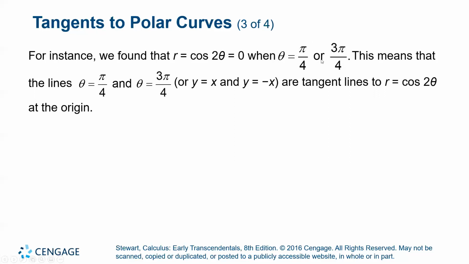You just have to remember that even though theta equals pi over 4 makes you think specifically of an angle, it technically is a line in the polar coordinate system, because theta equals pi over 4 is an infinite number of points anywhere on the entire polar coordinate system where the angle is pi over 4. The same thing is true of 3 pi over 4. So pi over 4 would give you a line that looks just like y equals x, and 3 pi over 4 would give you a line that looks just like y equals negative x.